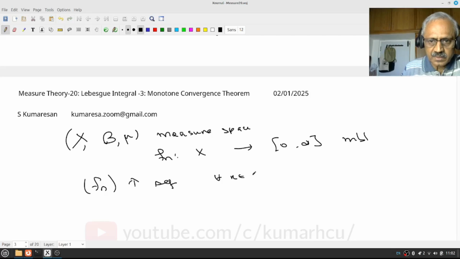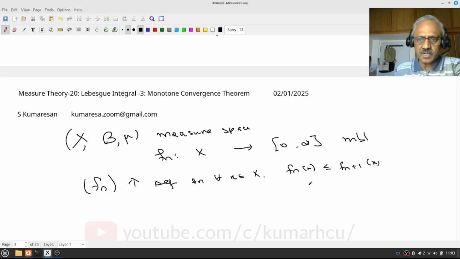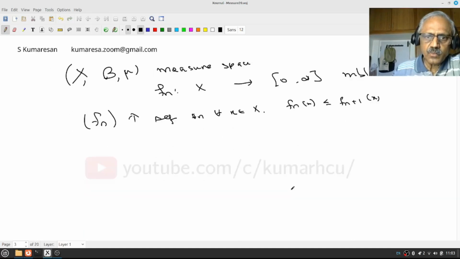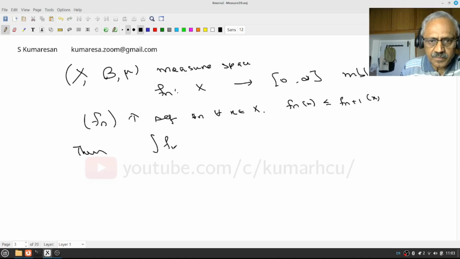For all n and for all x in X, Fn of x is less than or equal to Fn plus 1 of x. Notice that these are all real valued, therefore this makes sense. So what does the theorem say? The conclusion is that the integral of Fn increases to the integral of f. This is the monotone convergence theorem.